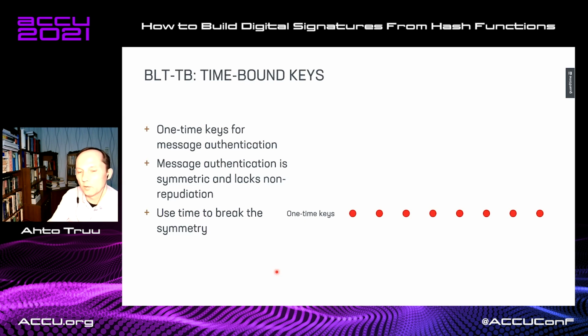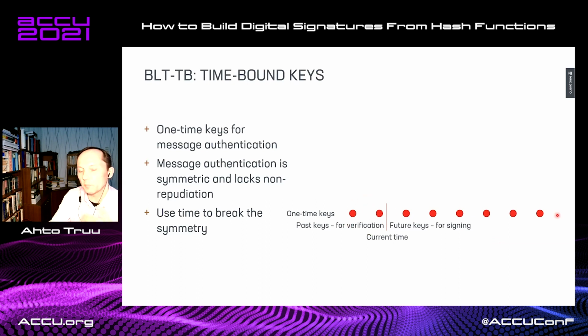And if there is a current time here, we want it to be so that these past keys are only valid for verification. They are no longer valid for creating new signatures. And the future keys are valid for signing at some future times. So those I can disclose as a key holder, and those I have to keep secret in future.